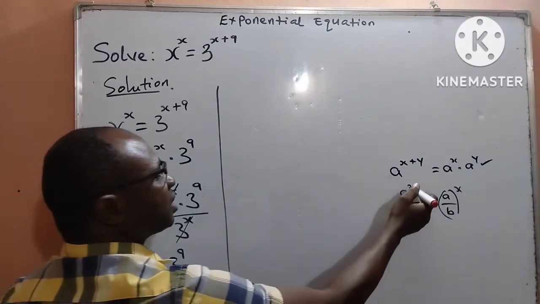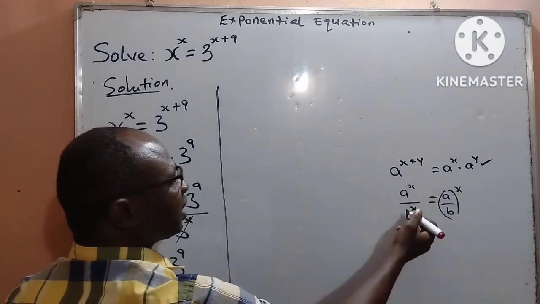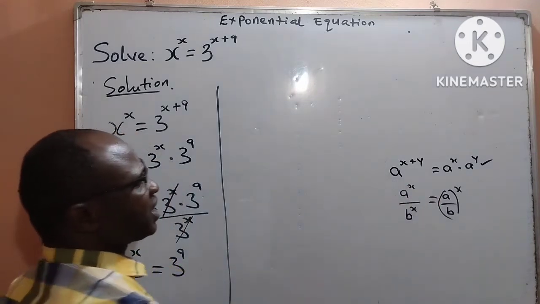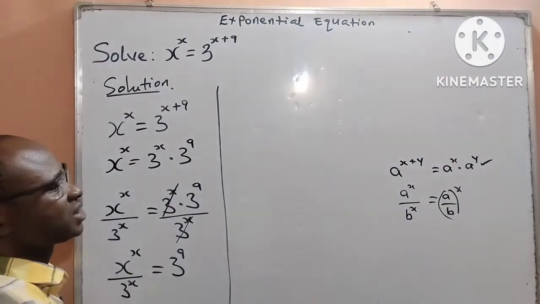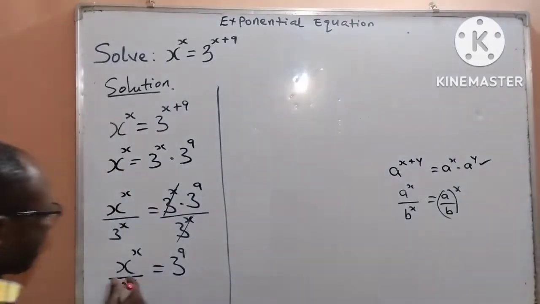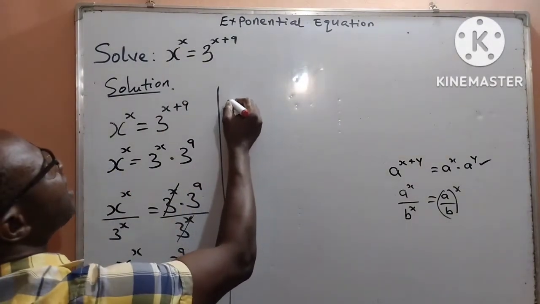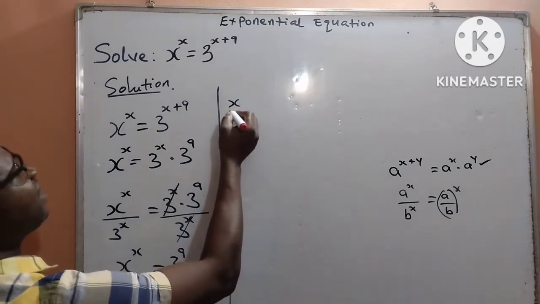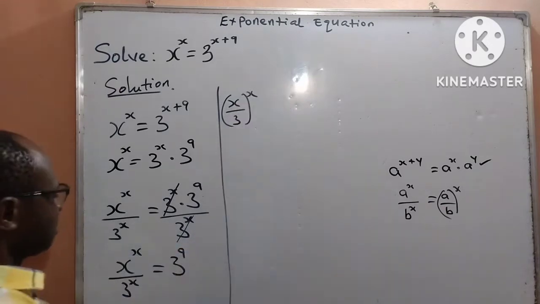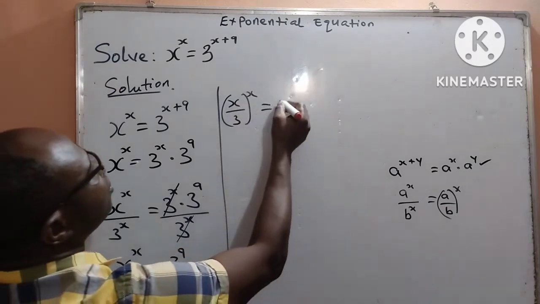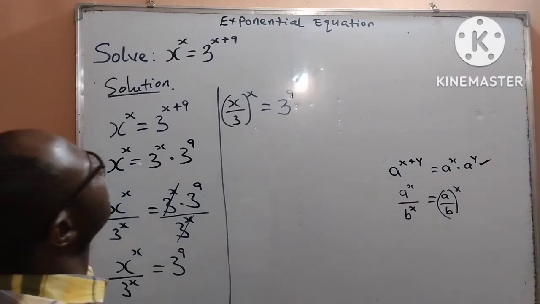Since the power of the numerator is x and the power of the denominator is x, we use one common power which is x for both of them. So I will apply it to the left hand side here to get x divided by 3 all to the power of x, then equal to 3 to the power of 9. That is where I am now.